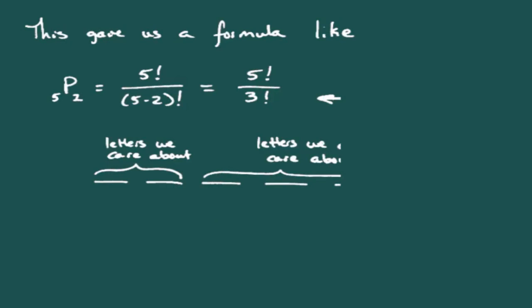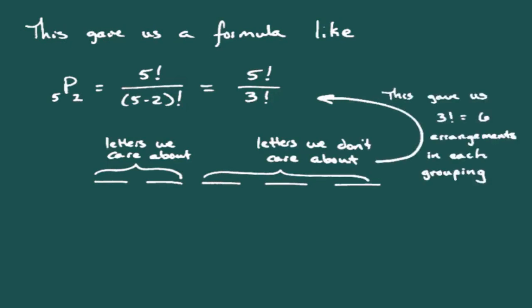And so what this did was allow us to come up with a formula for computing the number of permutations, the permutations where the order mattered. This gave us a formula for 5 permutation 2, where we had 5 factorial divided by 5 minus 2 factorial. The 5 minus 2 gives us a 3 factorial in the denominator. So where did that formula really come from? Well, we were looking at the first 2 letters that we cared about, and the last 3 letters that we didn't care about, and we had a total of 3 factorial, or 6 different arrangements of the letters we did not care about.